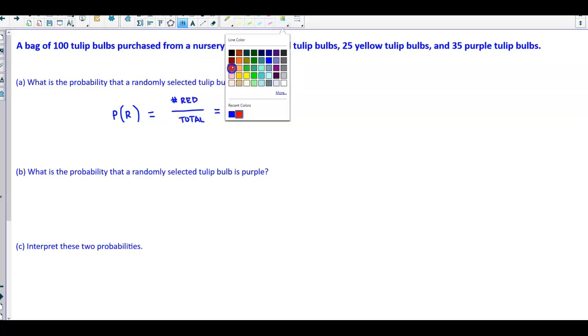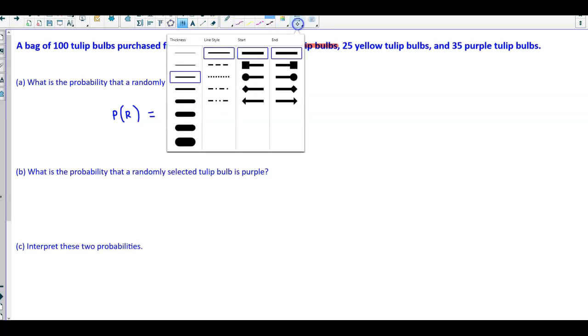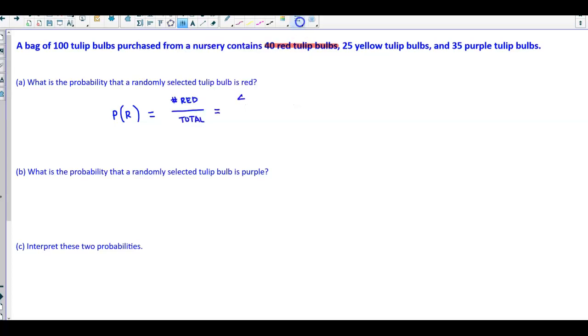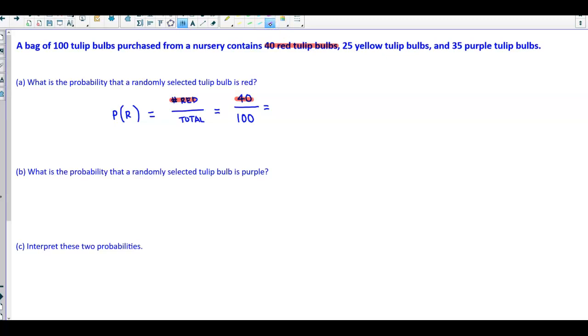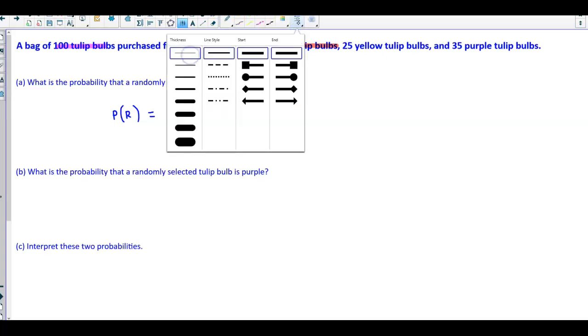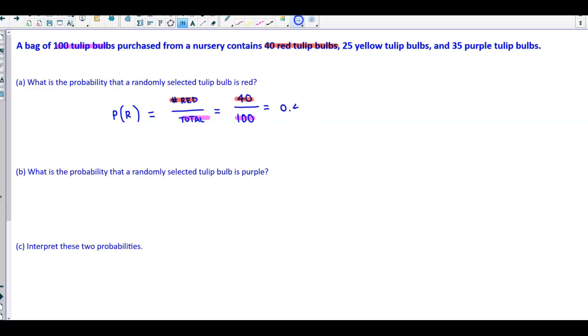Well, we can see here that there are 40 red tulip bulbs. So that means we have 40 over the total of 100. Taking 40 and dividing it by 100 is going to give us 0.40.